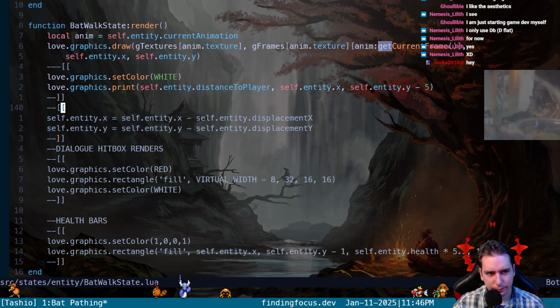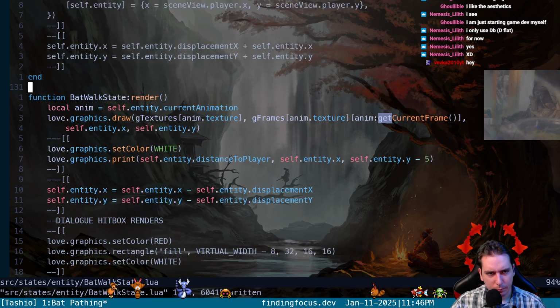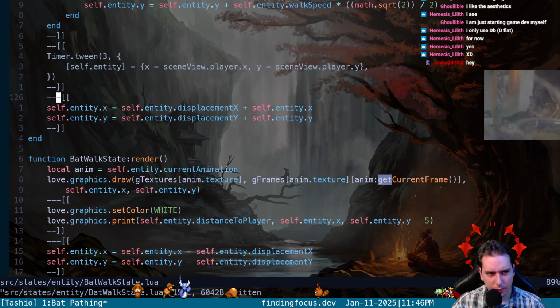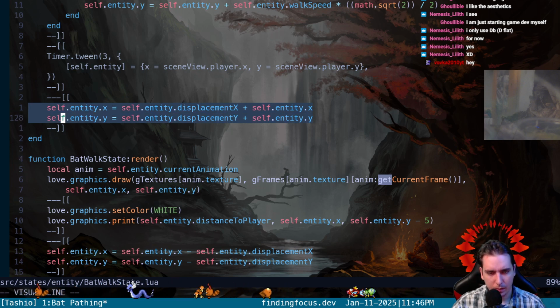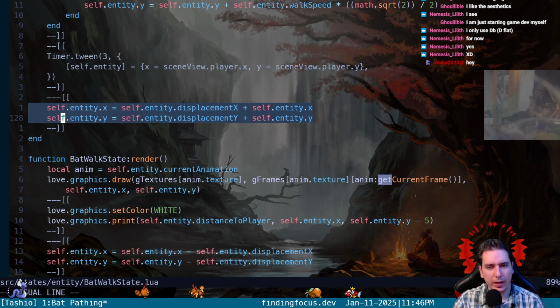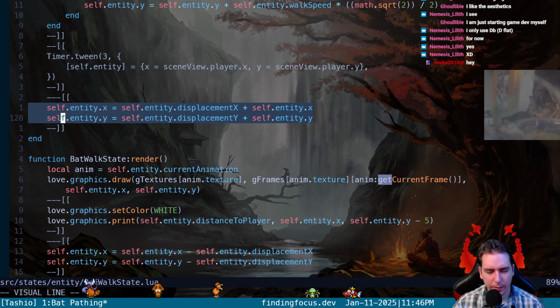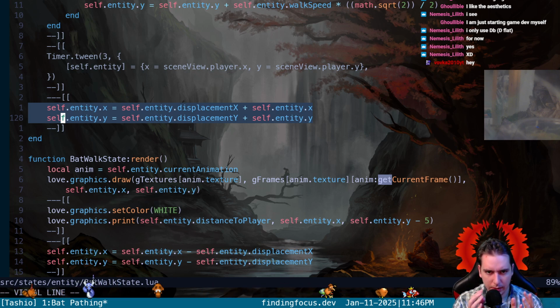Unless... No. I'm trying to think if it's a positive or negative would matter, but since we always add entity displacement x, displacement y, to our entity x, we basically say, take our original position and then displace us.